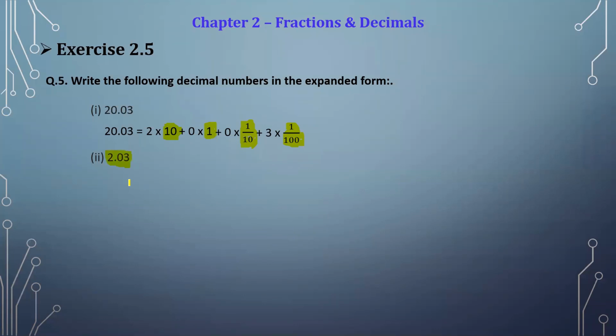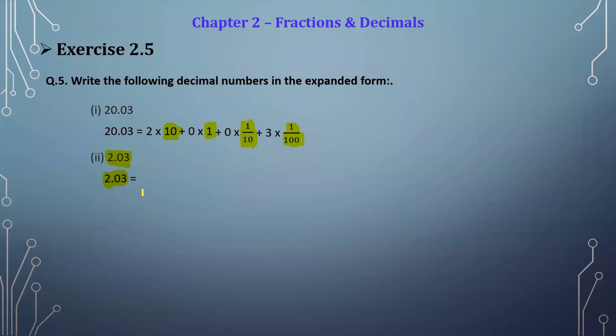So again, just see, 2 is present on the left hand side of the decimal point, so it is referred to as an integral part. And 0.3 is present after the decimal point. That means it is present on the right hand side, so definitely it is going to be the decimal part.